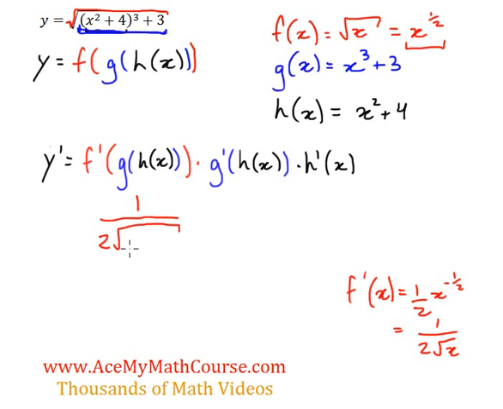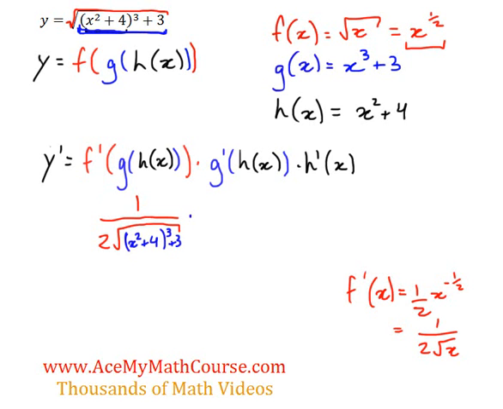So we have x squared plus 4 cubed plus 3 times, and of course this little guy here, the x squared plus 4, is just h of x. I didn't change the color for that one. I'll leave it like that.